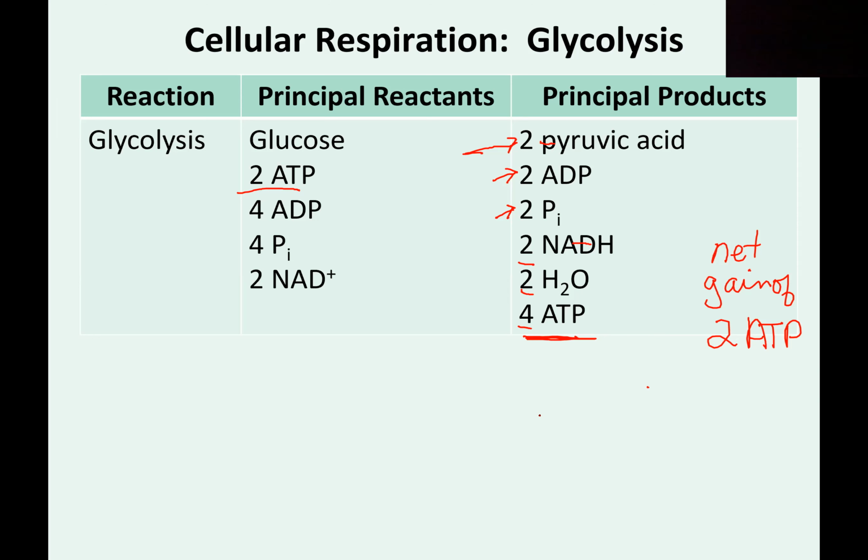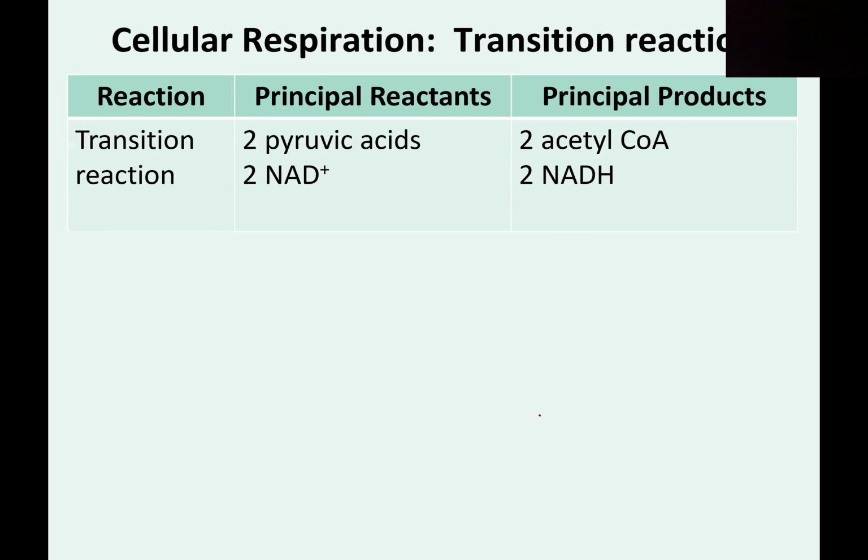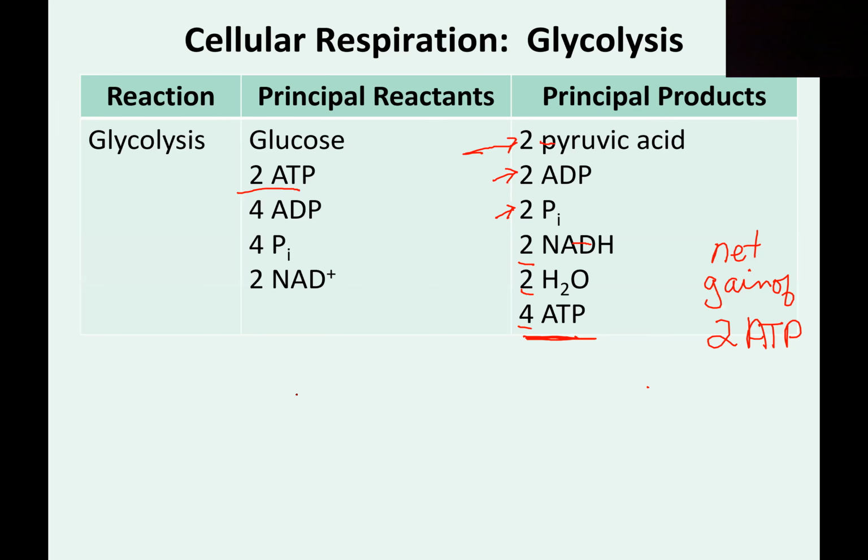Second part, subreaction, which happens twice per glucose, called the transition reaction. Principal reactants, 2 pyruvic acids and 2 NAD+. Notice that 2 of the pyruvic acids were made by the previous reaction.